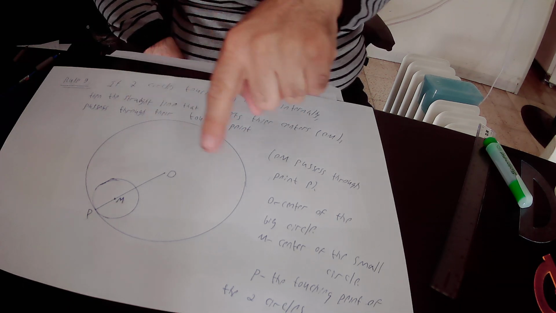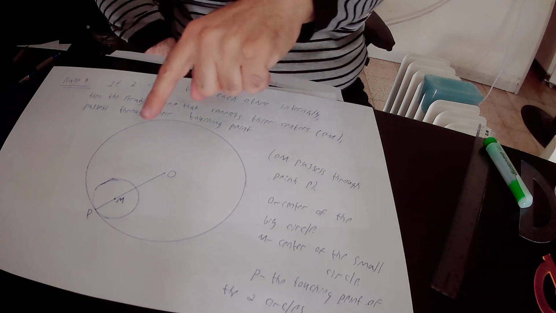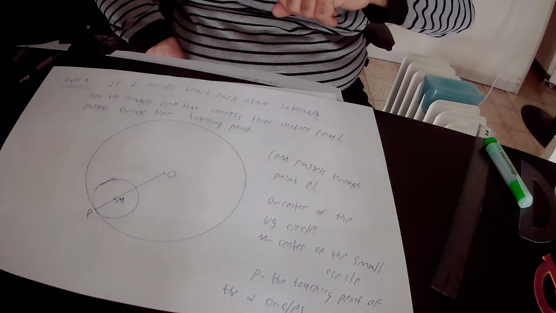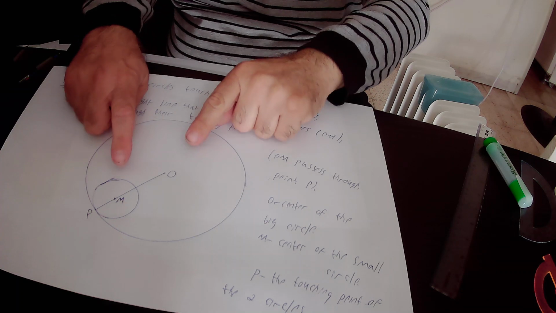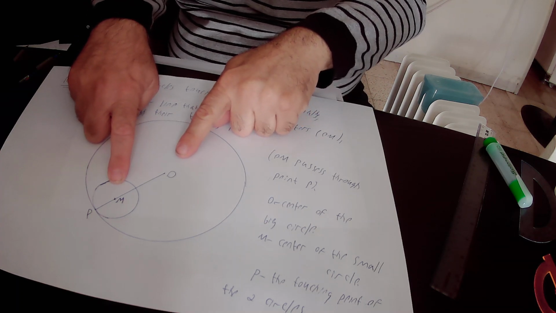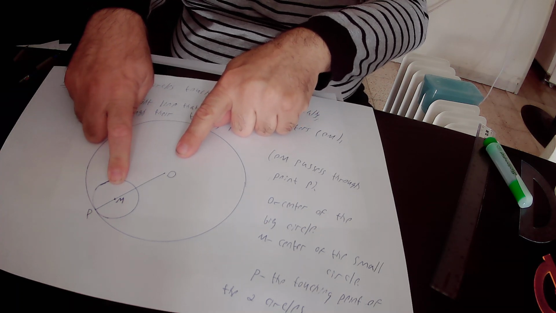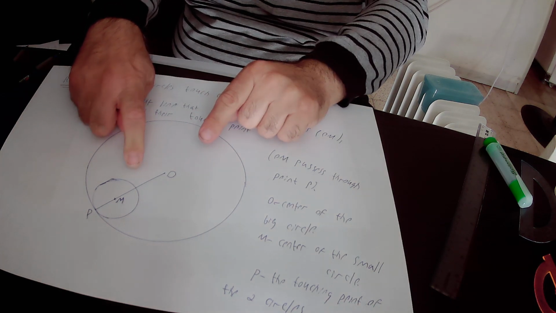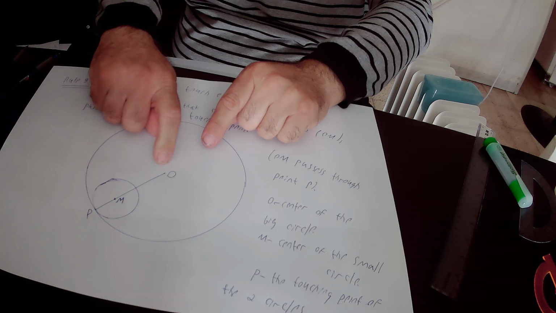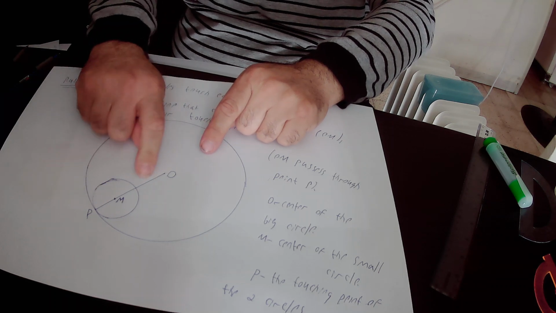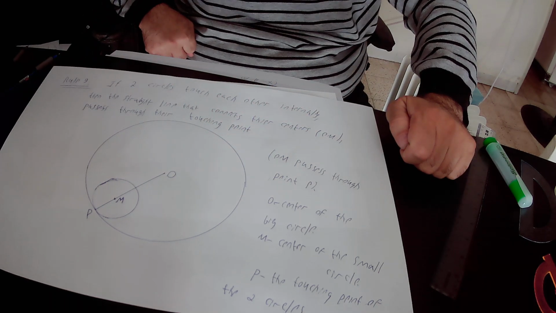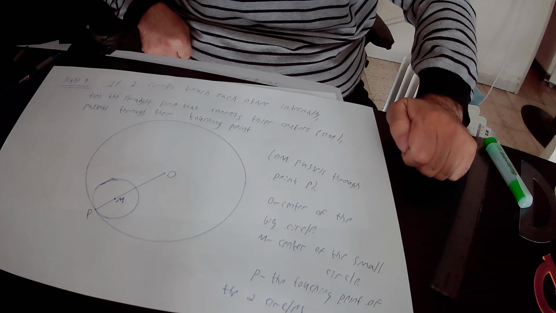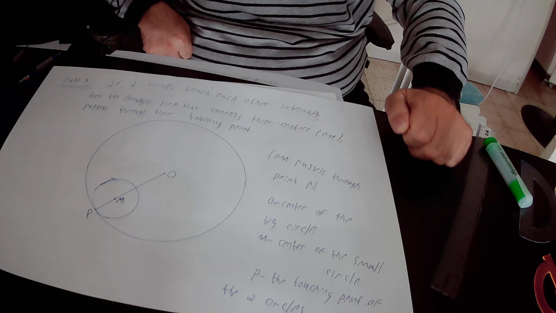The center of the big circle is here at point O, the center of the small circle is point M. The straight line that connects their centers together is the straight line OM. And according to rule number 9, the straight line OM must pass through point P, that is to say OMP is one straight line. So I can implement rule number 9 in our drawing.